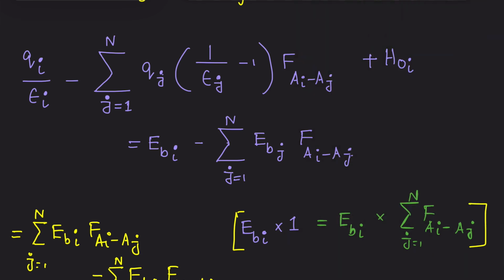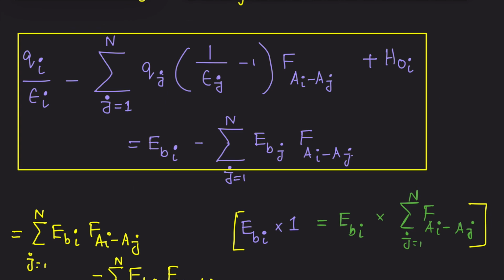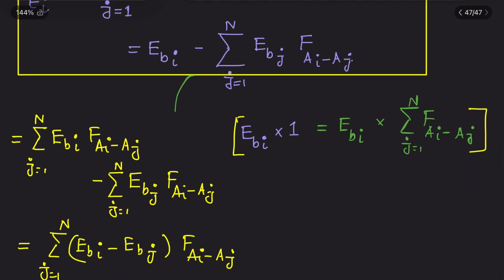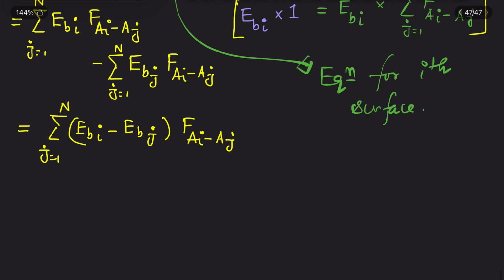Okay, so let me just box it with a bright color. This is the equation for ith surface. If you have 4 surfaces, 5 surfaces, you can have n number of surfaces in an enclosure.